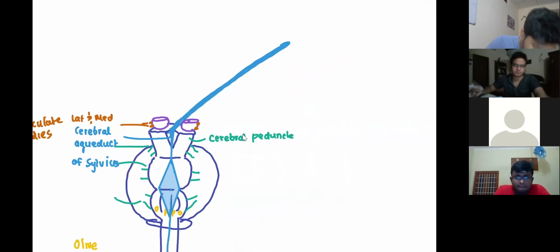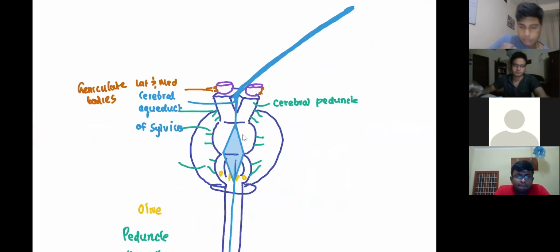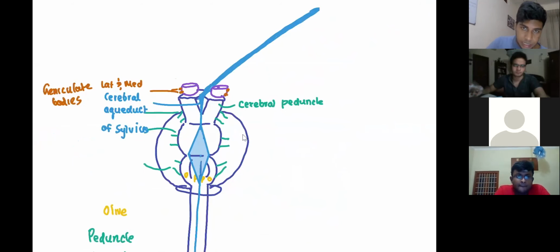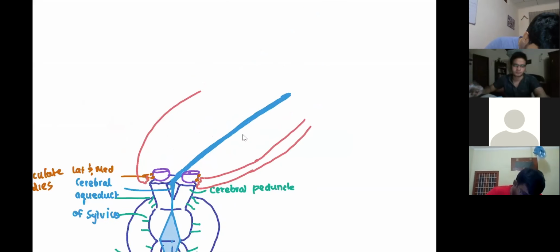For the medial geniculate body, it's our hearing that comes and connects to it. But our concern here, when it comes to the anatomy, is the lateral geniculate body, because we have the optic tract coming like this, both sides.